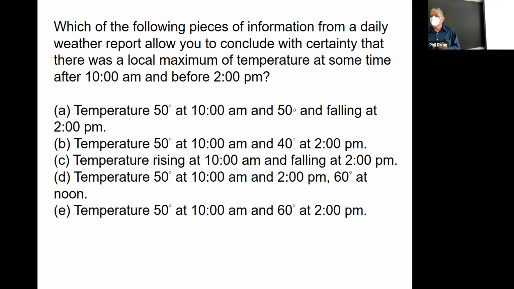Okay. So you've got some pieces of information and you want to conclude with certainty that there was a local maximum of temperature at some time after 10 a.m. and before 2 p.m. Which one of those pieces of information would enable you to conclude that?